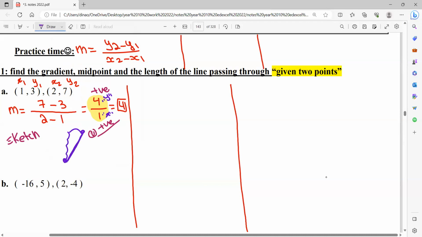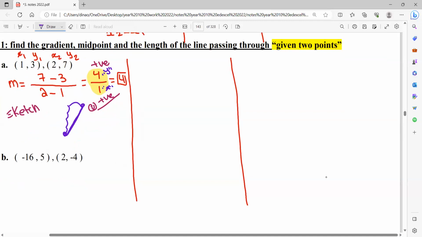Okay, let's check this second example. And let me just give you another concept here. As we agreed, I will name this as x1 y1 and then x2 and y2. Then Mohsen asked me: Miss, does the first point have to be point 1 and the second point have to be point 2? No, you don't have to. Not because this point is written first does it have to be called point 1.